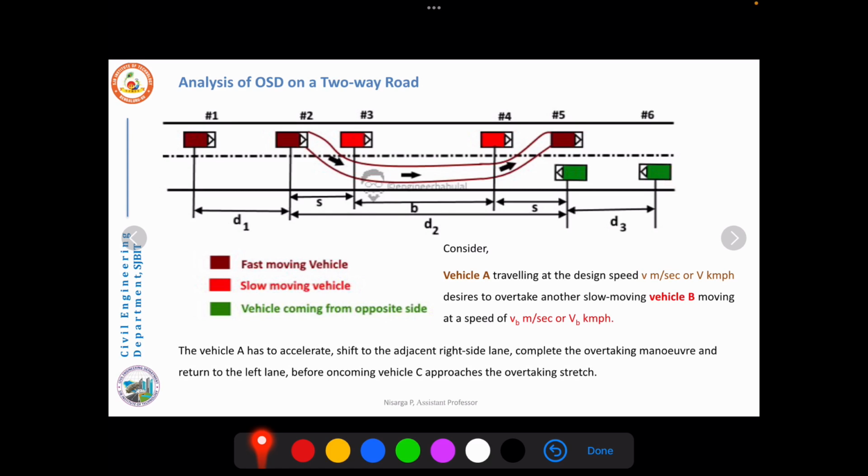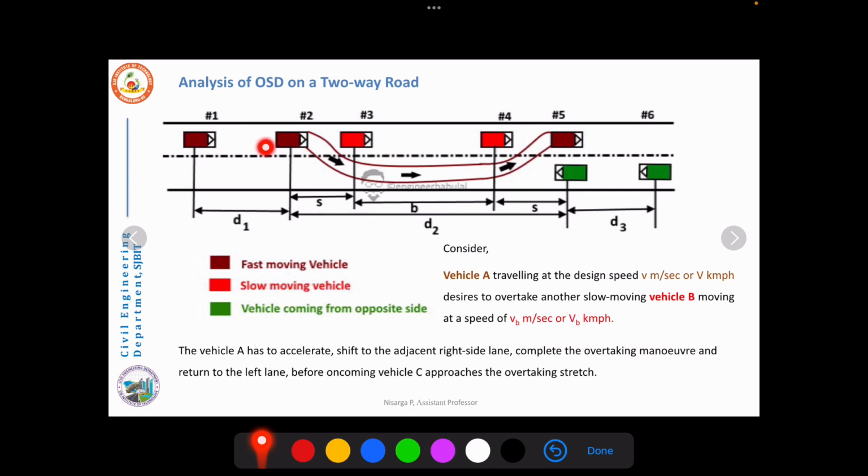Let us consider that vehicle A, the one which is required to overtake, is initially traveling at the design speed v meter per second or V kmph. The fast moving vehicle traveling at the design speed is required to overtake the slow moving vehicle which is traveling at a reduced speed, which we consider as vB meter per second or VB kmph.